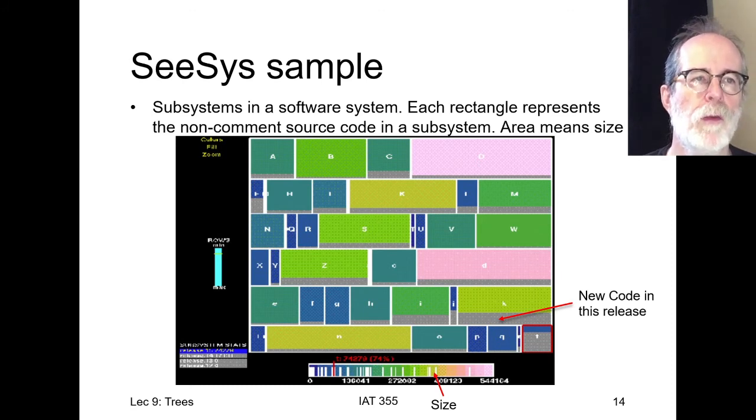These are subsystems in a software system, and they are labeled in this example with letters indicating what software module or segment is going on. Each rectangle represents non-comment source code in a software subsystem. So here's subsystem A, B, and C, and area means the size, the total lines of code in that module.